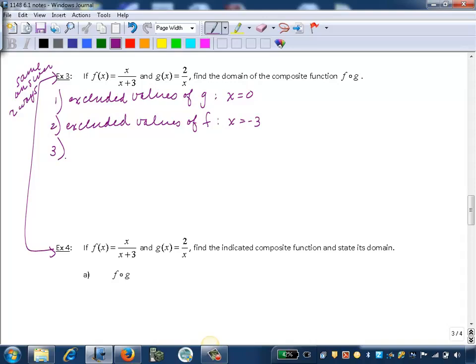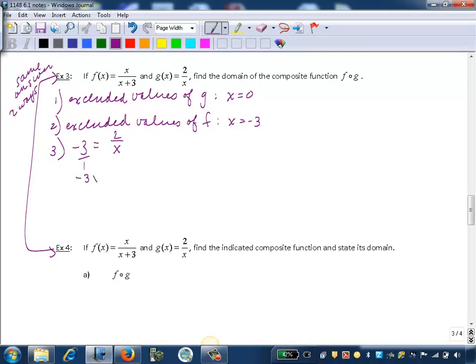Then the third step, I'm going to set g of x equal to the excluded values of f of x. Because remember that g becomes the input into f, so g is not allowed to equal any of these excluded values, in this case -3. g is not allowed to equal -3. So I'm going to set g of x equal to that excluded value of f, and we can cross multiply.